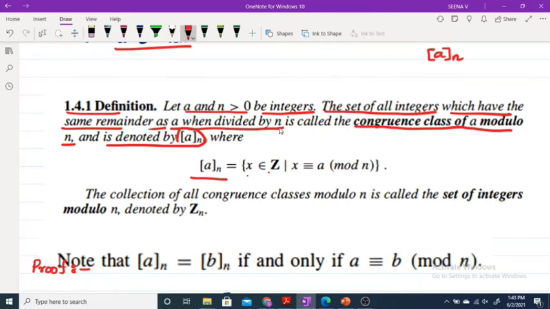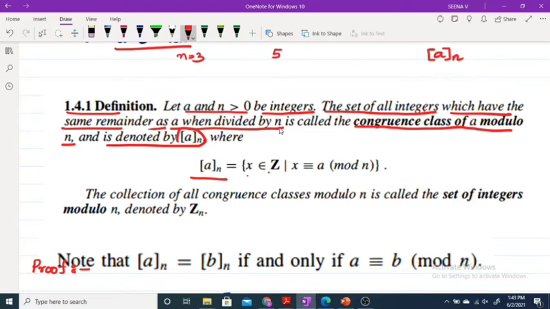So what is the meaning of the set of all integers which have the same remainder as a when divided by n? For example, consider a as 5 and n as 3.